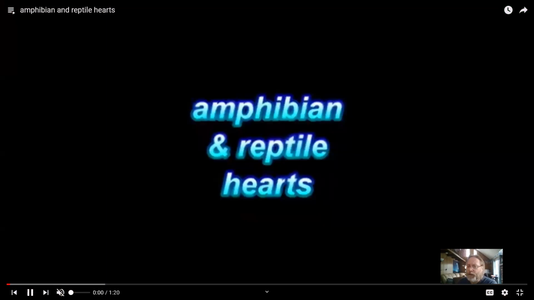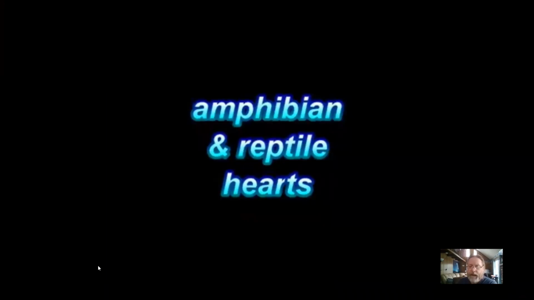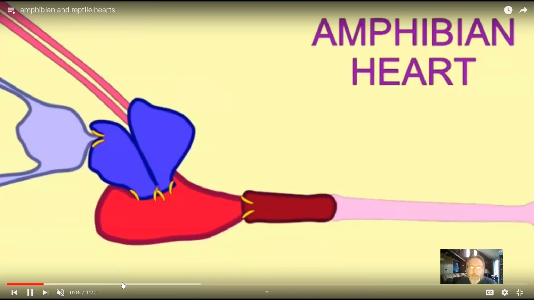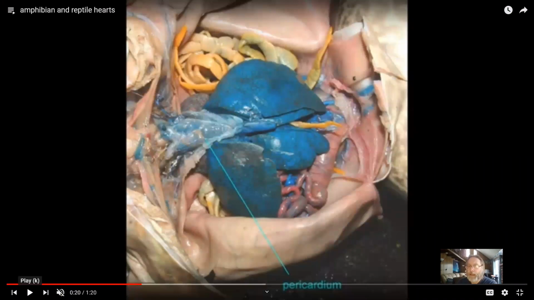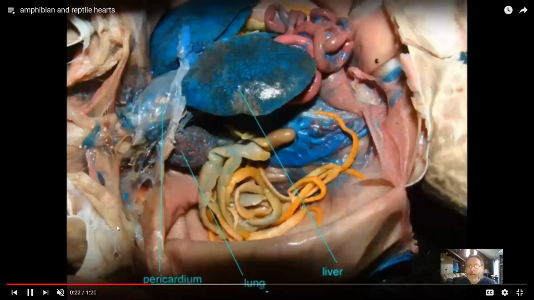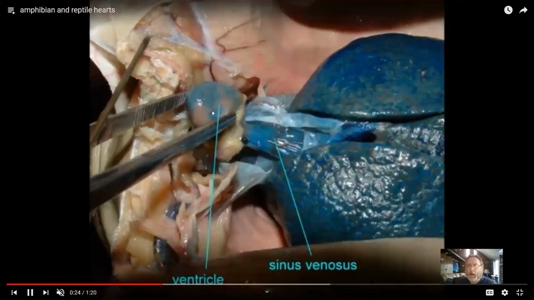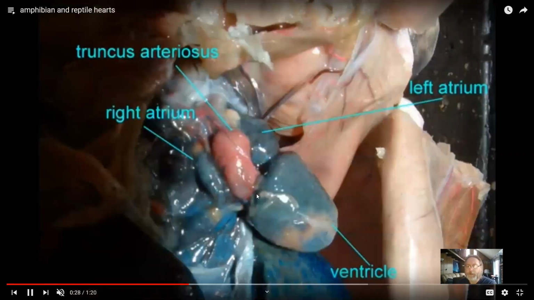So if we were then to look at amphibians today in dissection, looking at a frog, there's a pericardial cavity. You can see that wrapping the heart. So here's the pericardial cavity. If you tear that, then you can see the heart. There's the large ventricle, but now we have a right atrium, a left atrium, a single ventricle, both of these atria empty into the single ventricle, and then the truncus arteriosus.